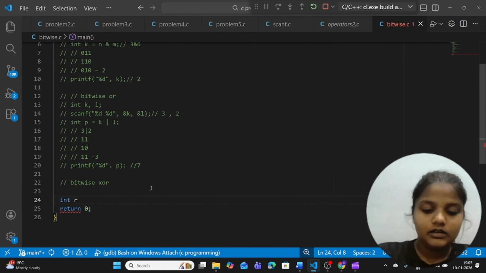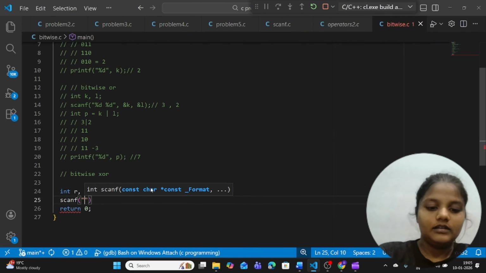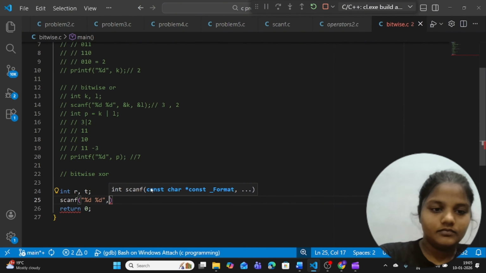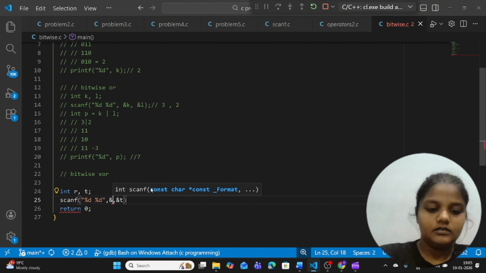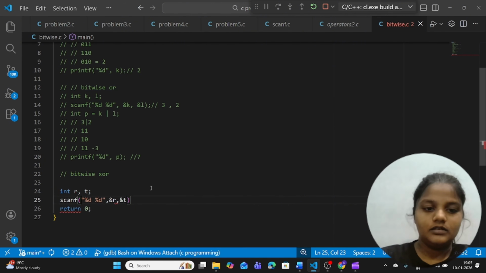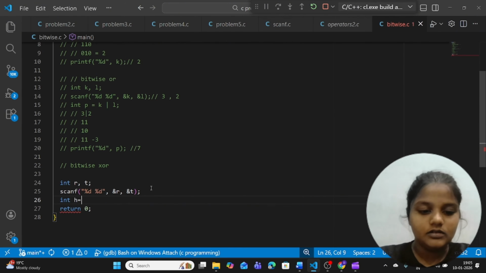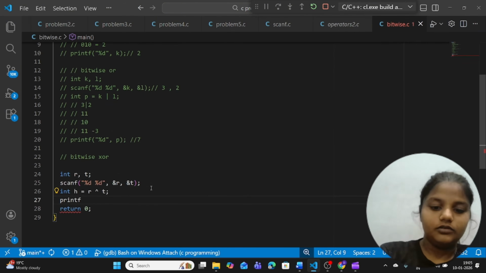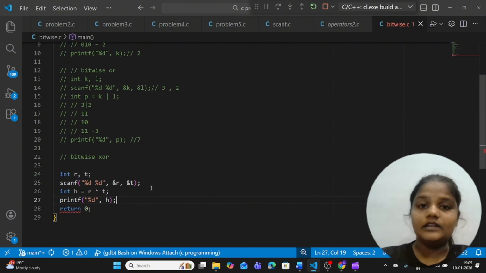So int r comma t, then with scanf I am getting the input r comma t, right, then it is equal to r XOR t. Then I'm just going to print it, %d.